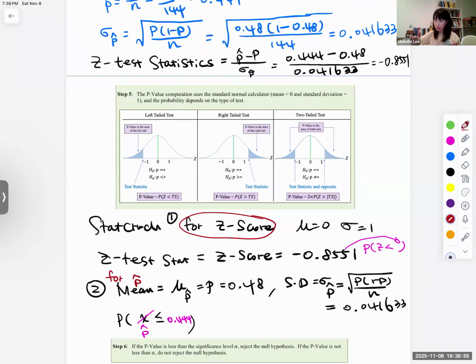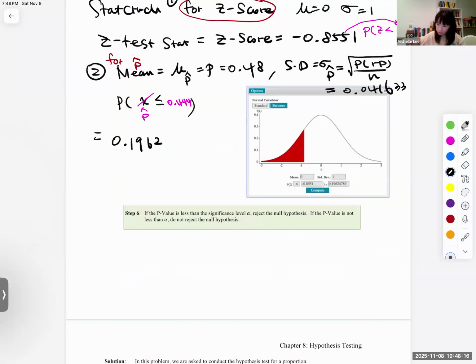For method 1, I need the z-test statistic, which is the z-score. For method 2, I need those details, right?